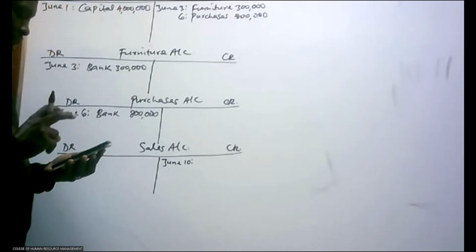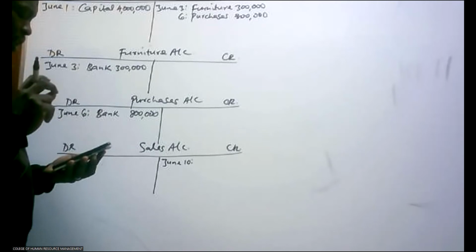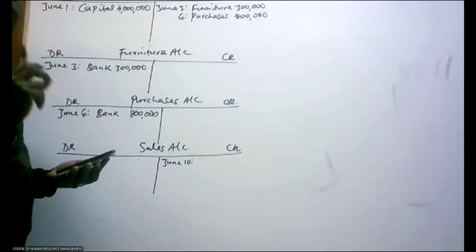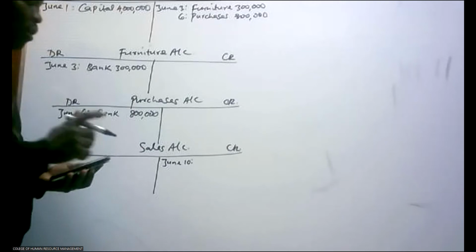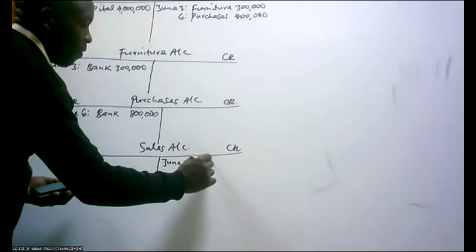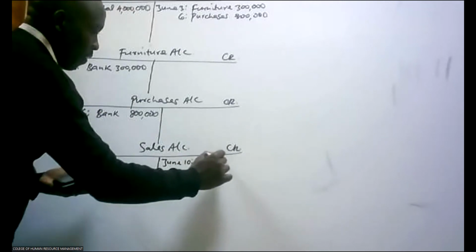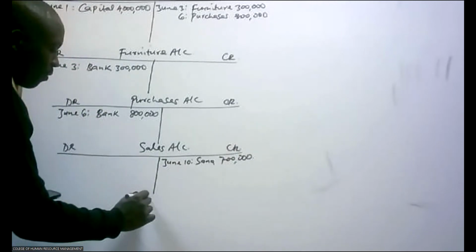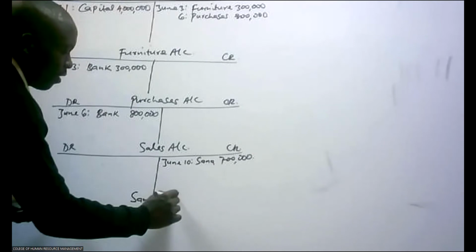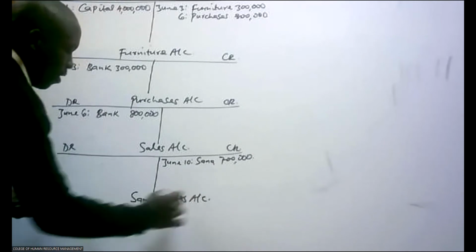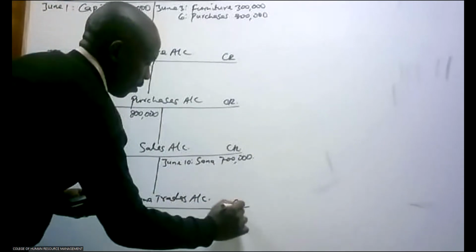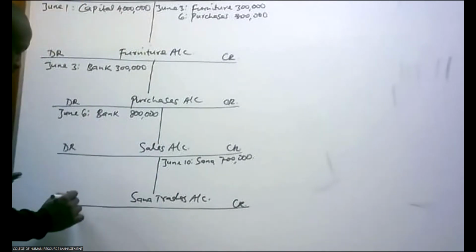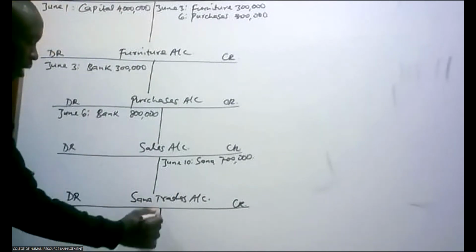So look at that 10. Sold goods for 700,000 to Sana traders. Sana traders is a debtor. So we are supposed to have the account Sana traders, 700,000. Then we go and open that account for Sana traders. This is the debtor. This being a debtor, we debit.